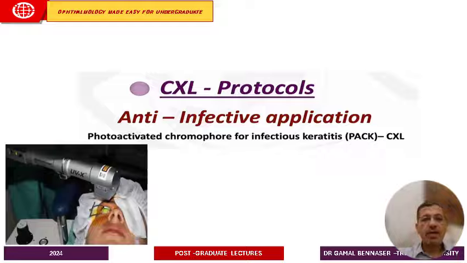Here we are speaking mainly about fungal and bacterial keratitis. In viral keratitis, it's contraindicated to use this type of treatment because there is a chance of recurrence of the virus with the CXL, as has been reported by many studies.